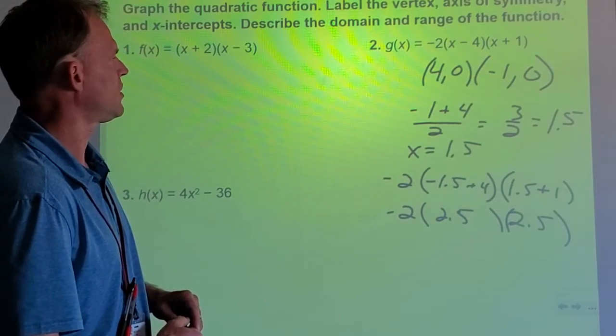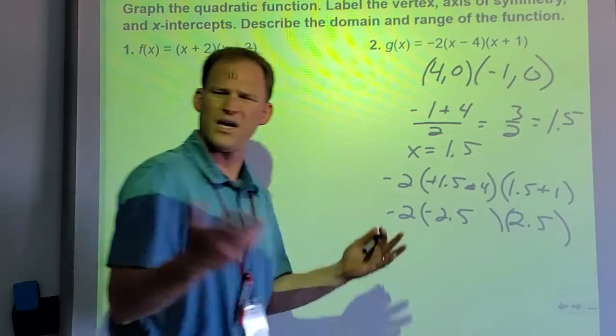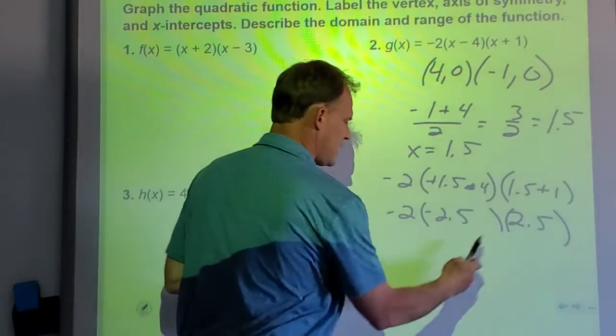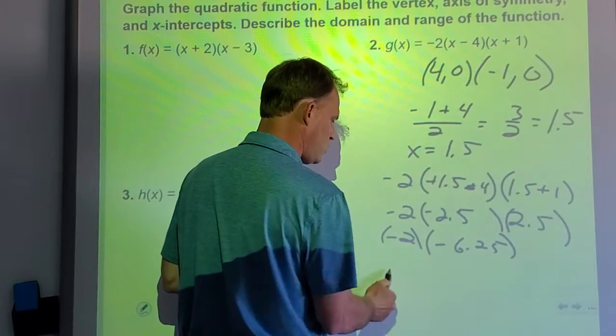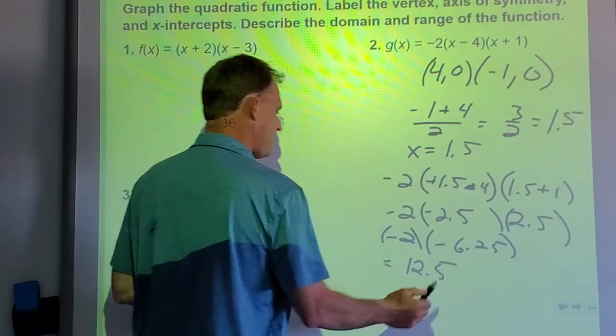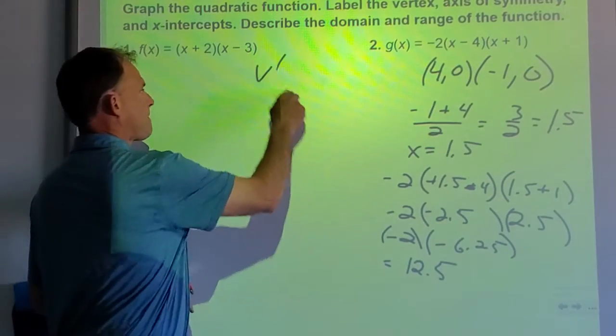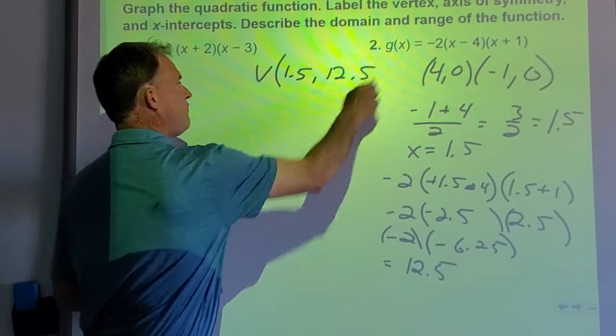I did something wrong, didn't I? Oh, that's a -4 plus 1.5. I think it's 1.5. I knew it was 1.5. So again, that's going to be -6.25 times -2, which is 12.5. So my vertex is (1.5, 12.5).